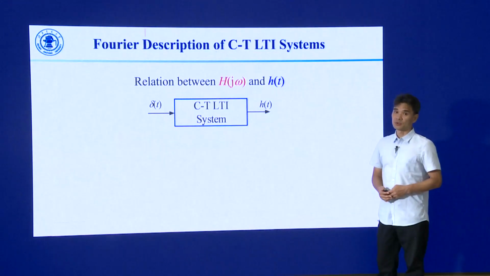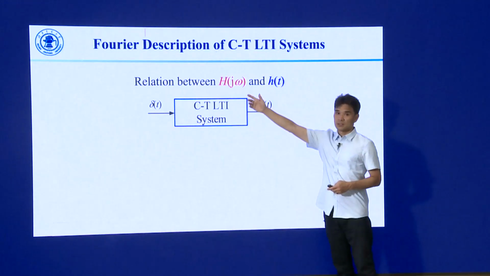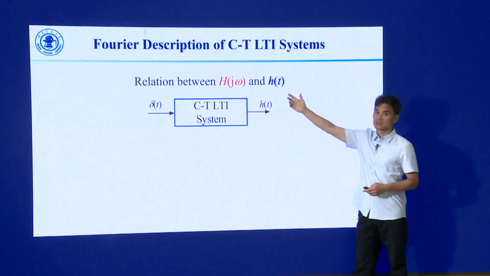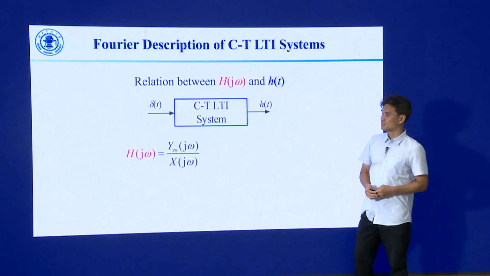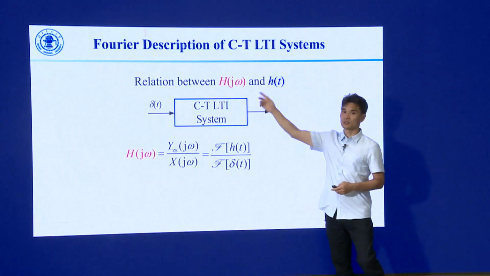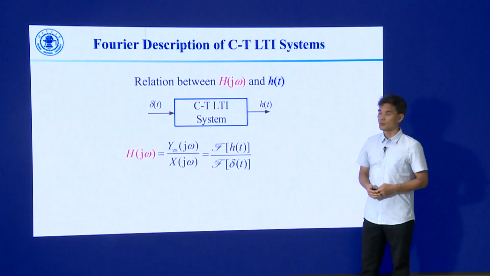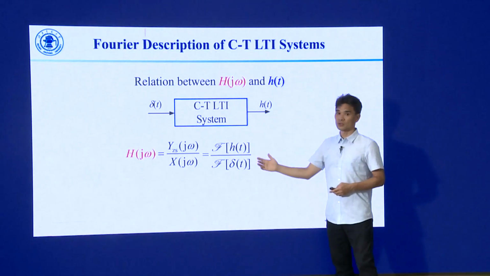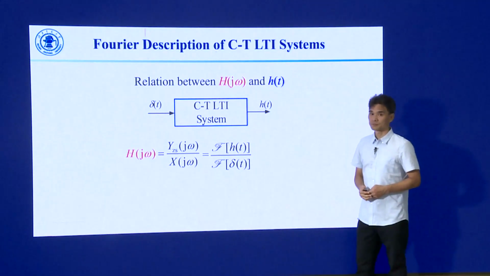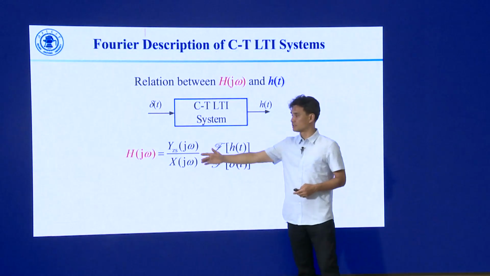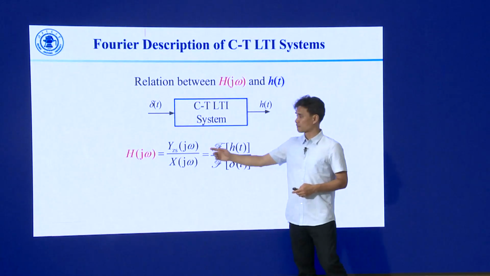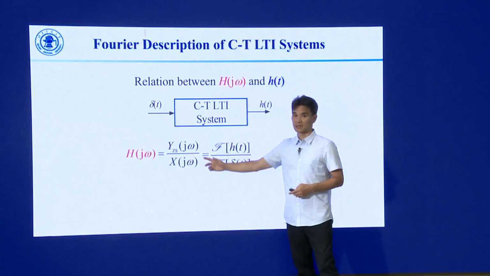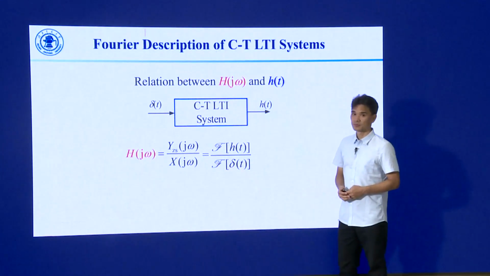The relationship between the system's frequency response and the system's impulse response is clear. We already defined that they are a Fourier transform pair. But here we use another way to show the same conclusion. Because of the definition, the frequency response is equal to the ratio of the spectrum of the zero-state response and the system's input signal.